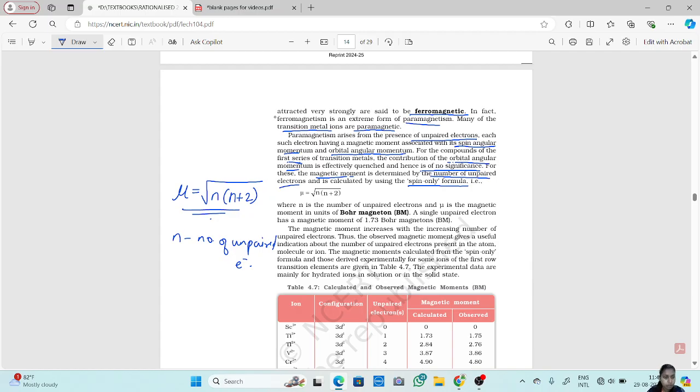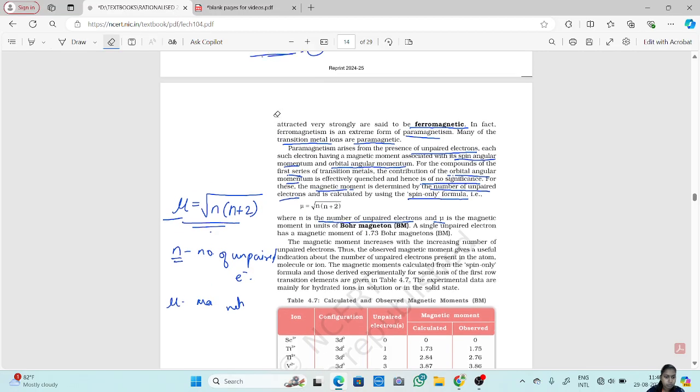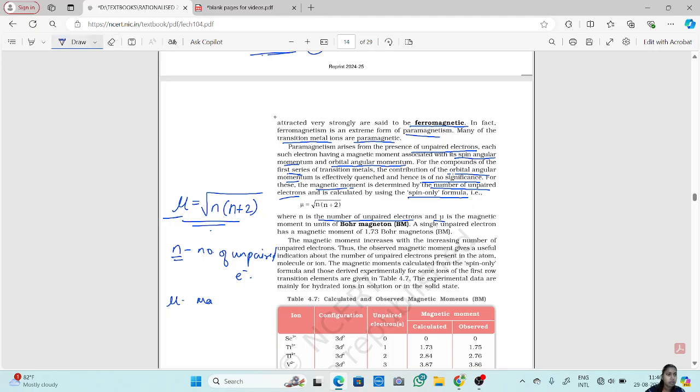And mu is the magnetic moment, in units of Bohr magneton.